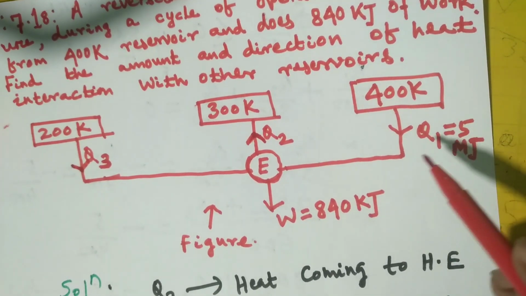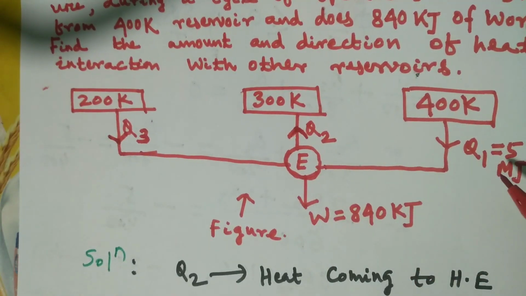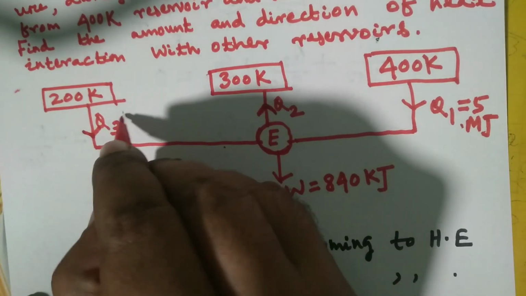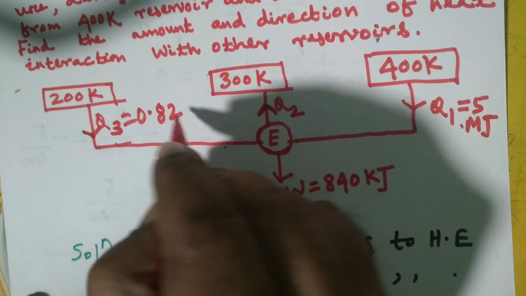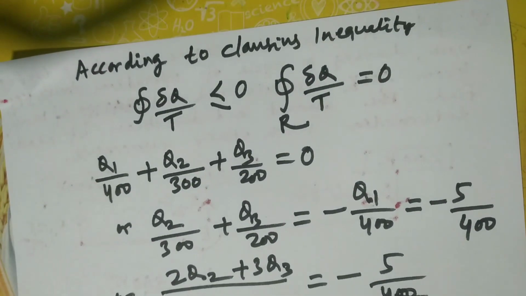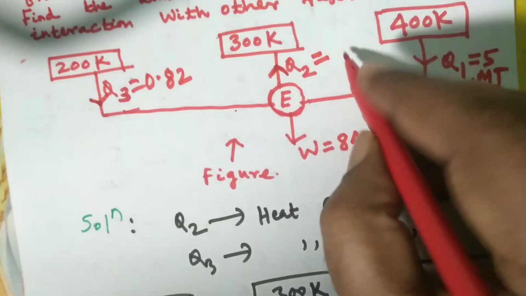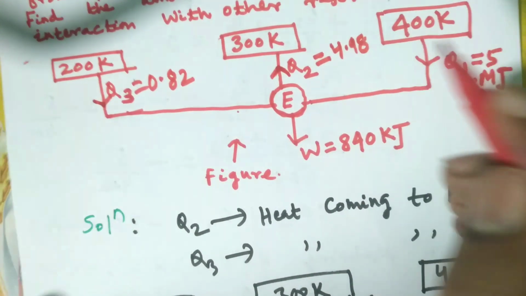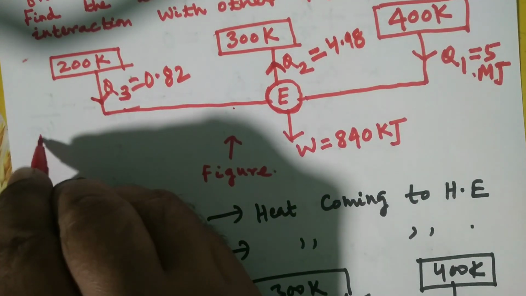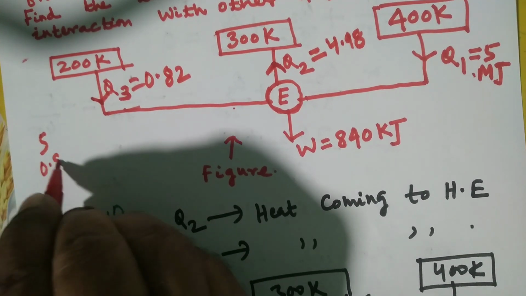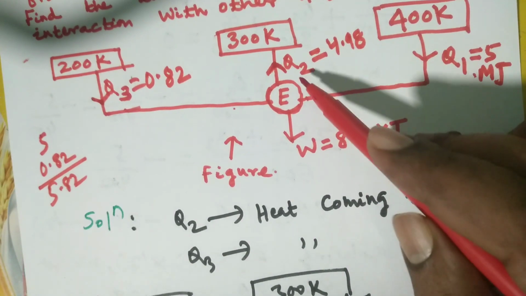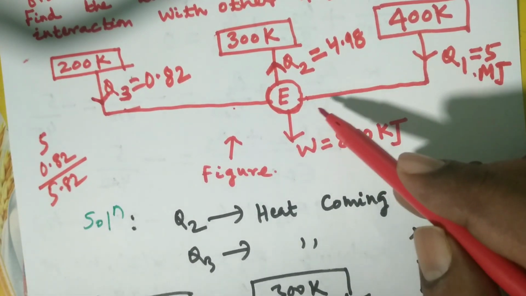What is the summation of energy that is coming into the heat engine? One is 5 and another is Q3, which is 0.82. On adding, 5.82. And what is the summation of energy that is leaving this engine during this cyclic process?